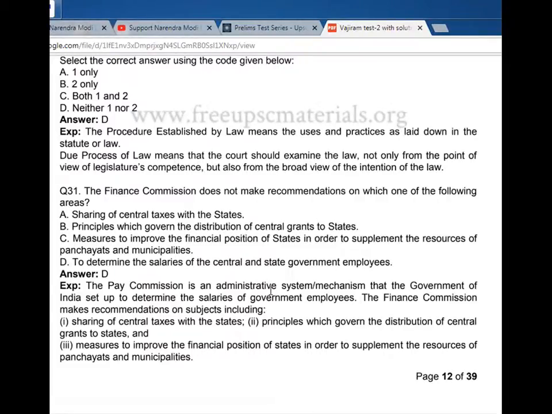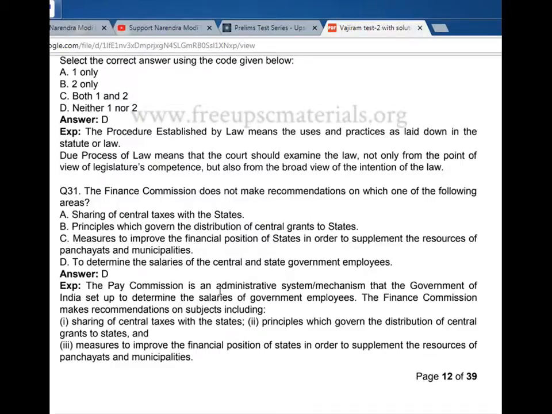Next, the Finance Commission does not make recommendation on which of the following areas. D. To determine the salaries of the central and the state government employees. So the Finance Commission does not make recommendation on this, but the others it does. The Finance Commission makes recommendations on sharing of central taxes with the states, principles which govern the distribution of central grants to states, and measures to improve the financial position of states in order to supplement the resources of panchayats and municipalities.